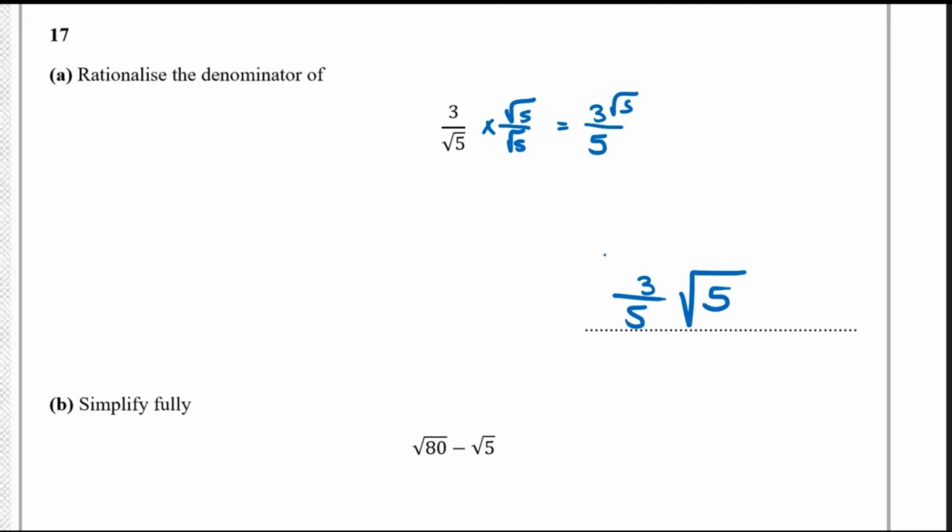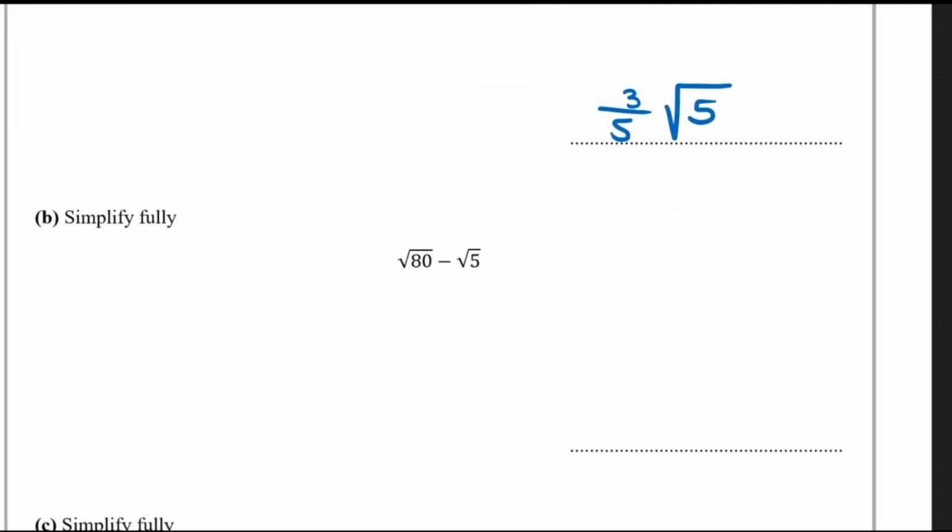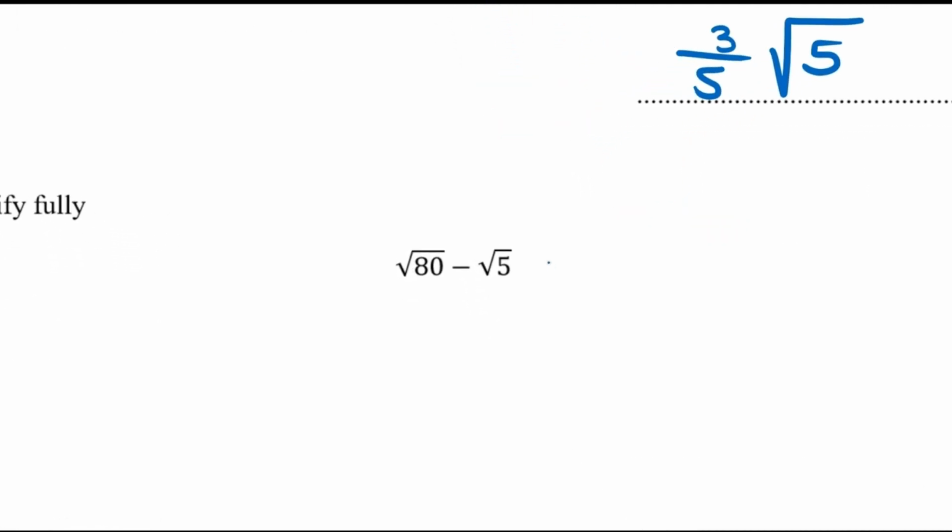And then simplify fully here. When you find something like this and you need to simplify, we need to have in this term a square root similar to this one. Square root 5 we can't simplify more because this is a prime number, but we can simplify this one. So we need two numbers, one of them is 5.